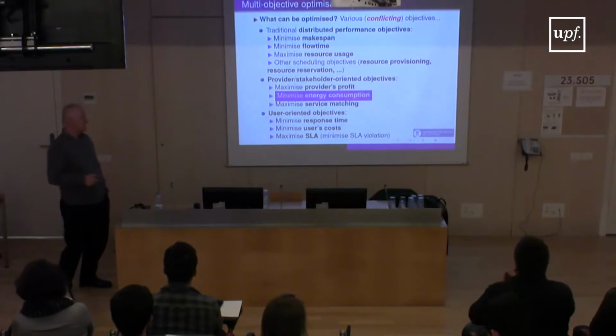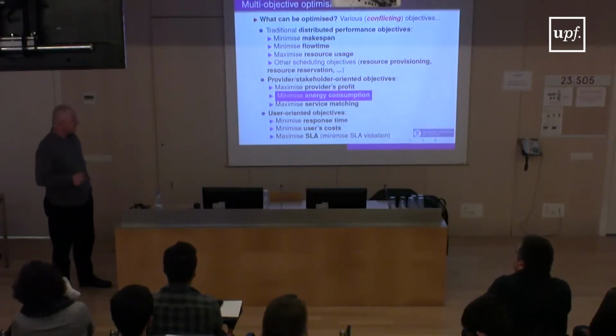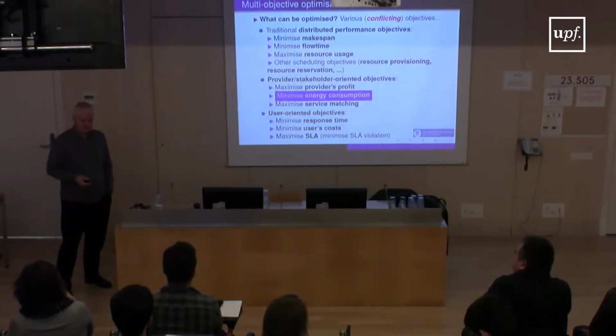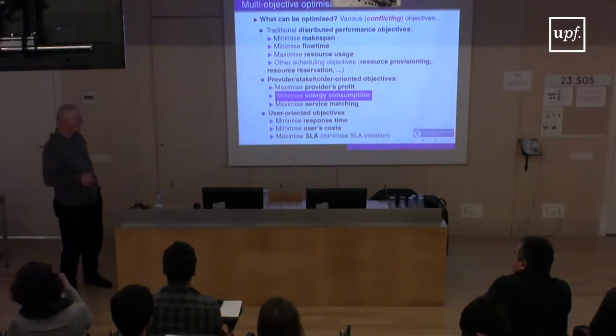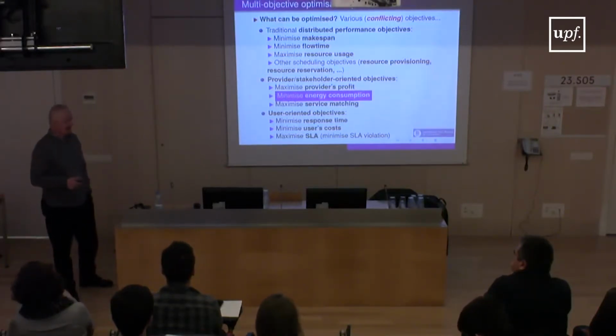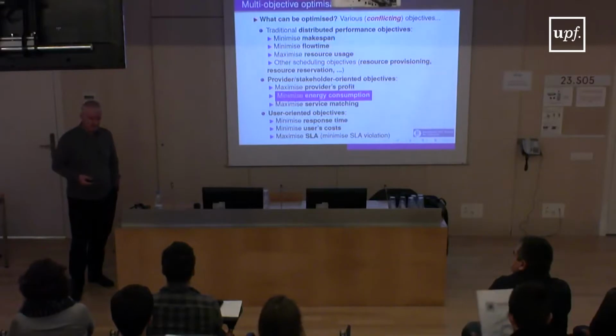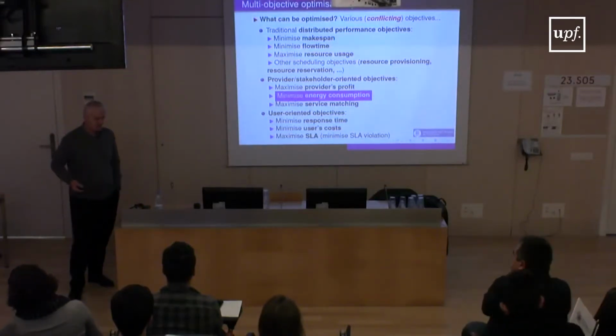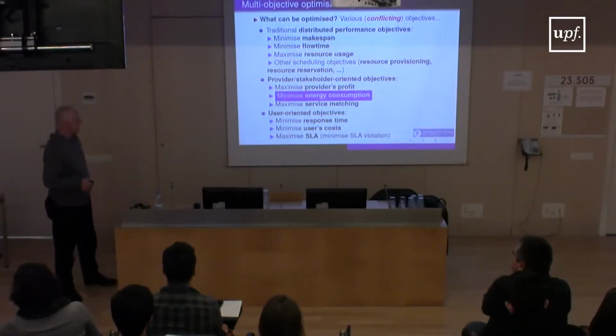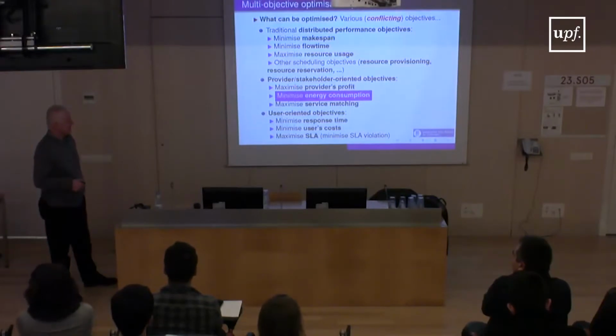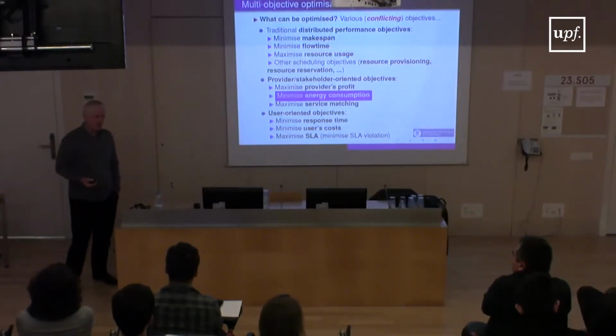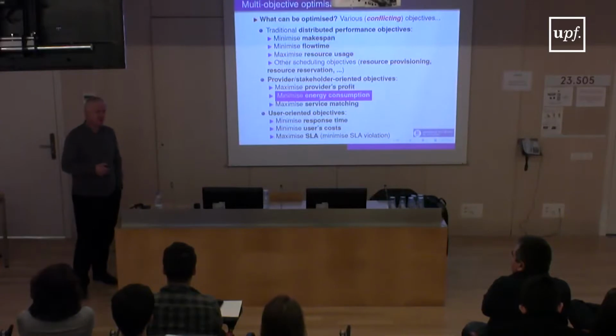optimization objectives is the one from the provider or the stakeholder perspective. So the cloud providers are obviously interested to maximize their profit. This is what they are doing the business for at the end, right? And of course, if you have a multi-cloud or a federated cloud, you'll have multiple providers.